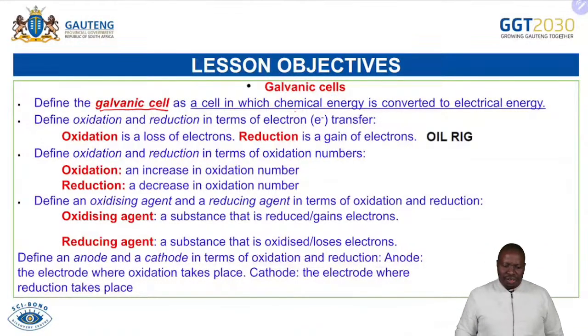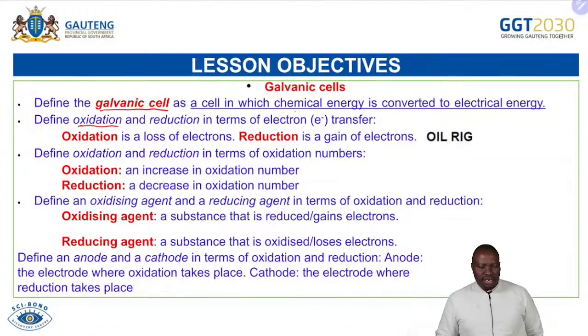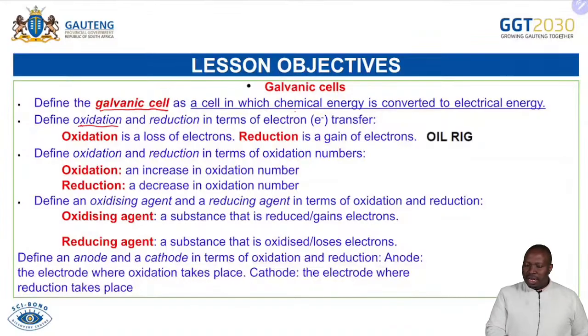The other definitions which you must know are to define oxidation and reduction, which I know you have done in grade 11. You can do that in terms of electron transfer.